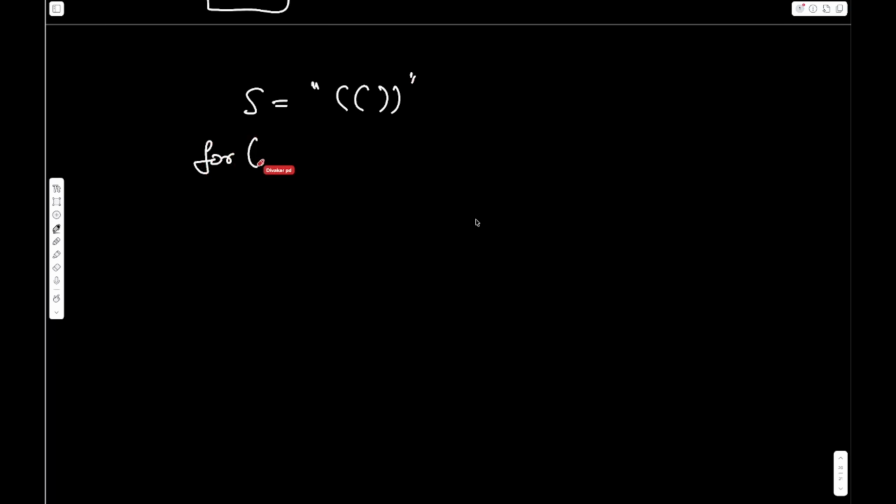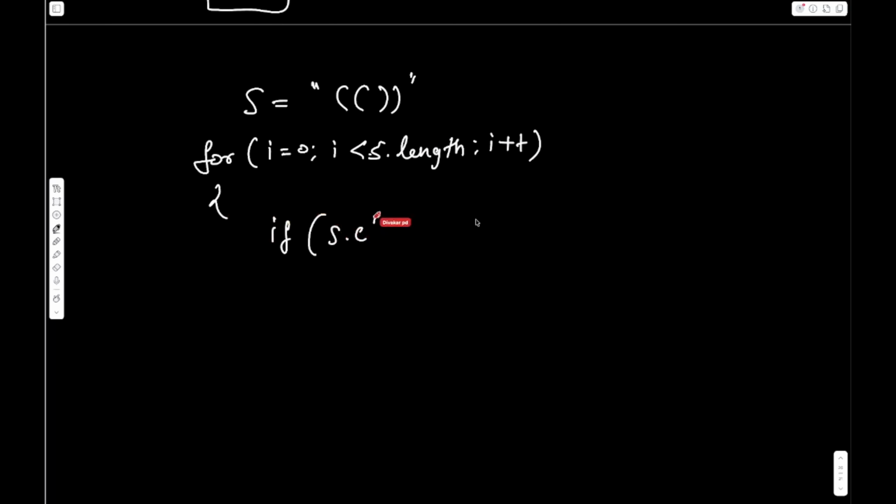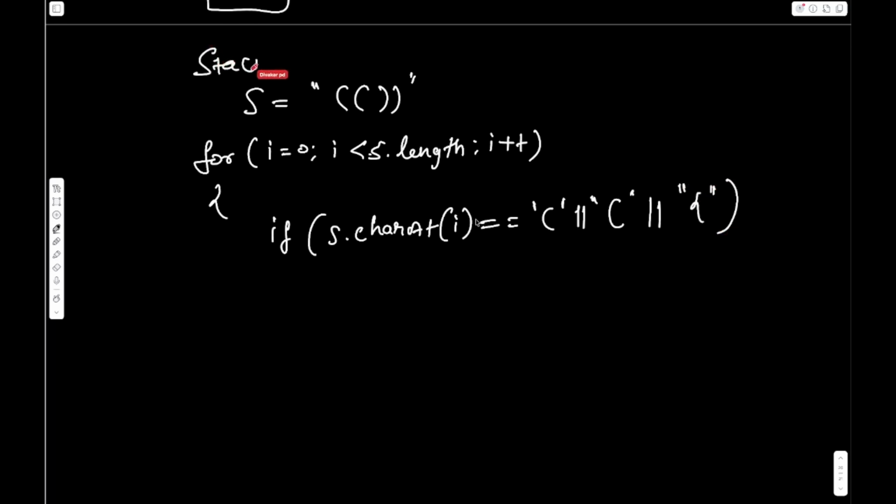For i equal to 0 to s.length, i++. If the character at i is an open bracket, or open square bracket, or open curly bracket, then we'll create a stack here, new stack.